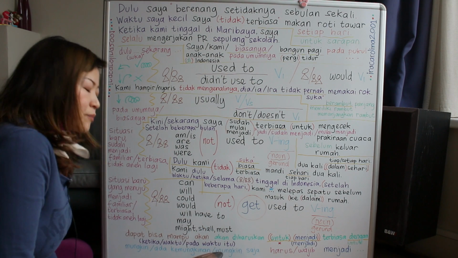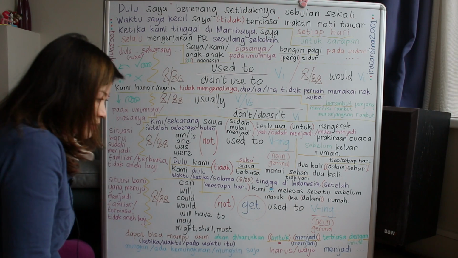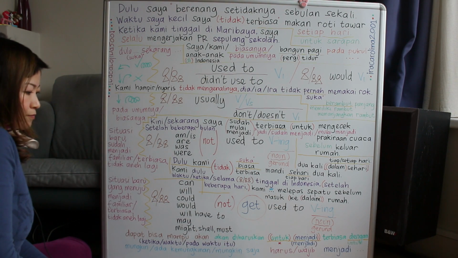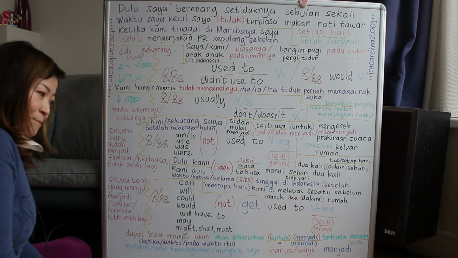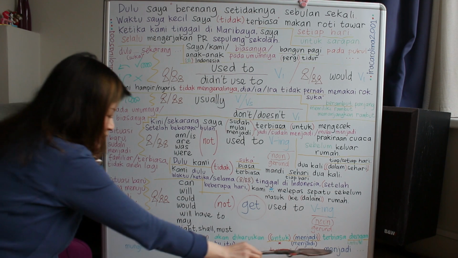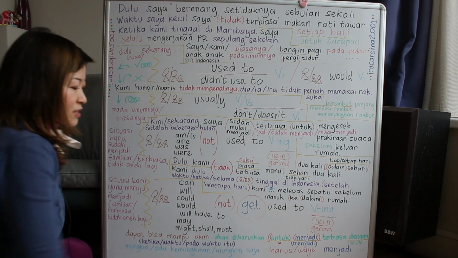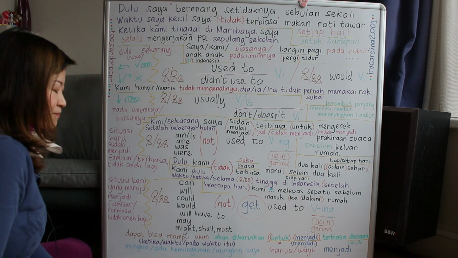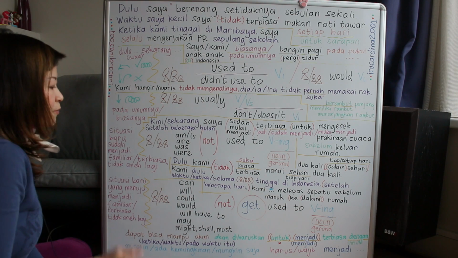Menjadi, be or become, and then terbiasa dengan or terbiasa untuk. In this case, you can skip the menjadi. Yeah, but to make sure, just for these words here, just use the menjadi. If not, you will think, what? Here you can skip, here you cannot skip, or something like that.